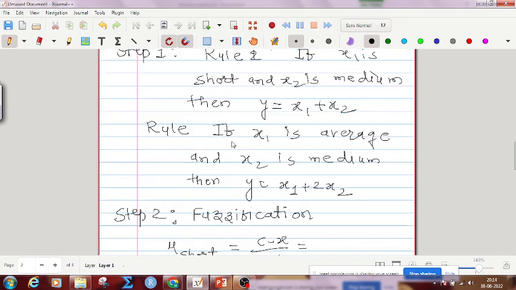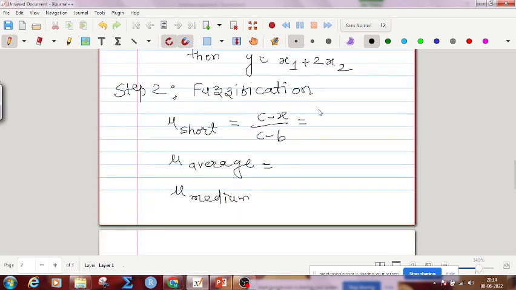If I put these values, 5 minus x divided by 5 minus 3. The value for x is 3.5.